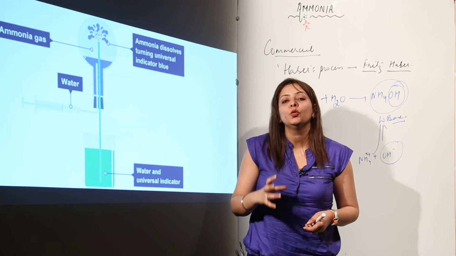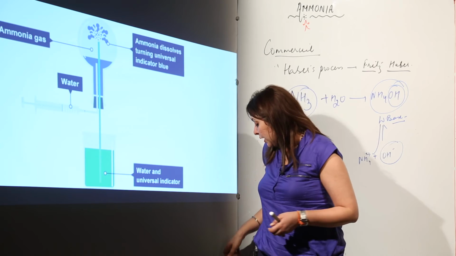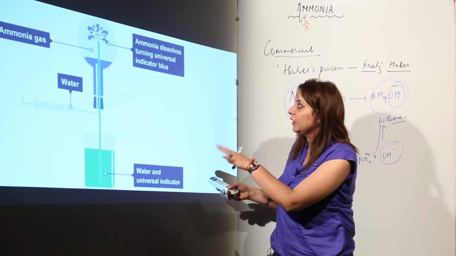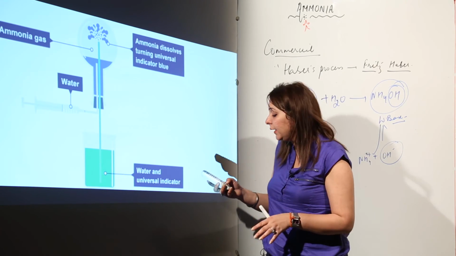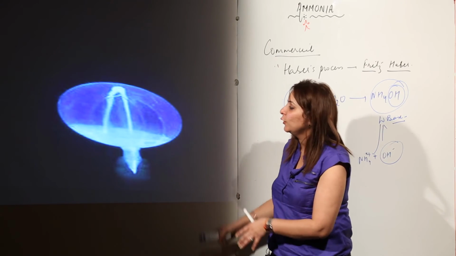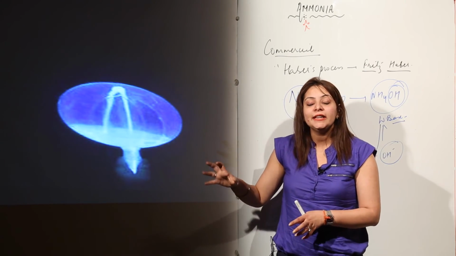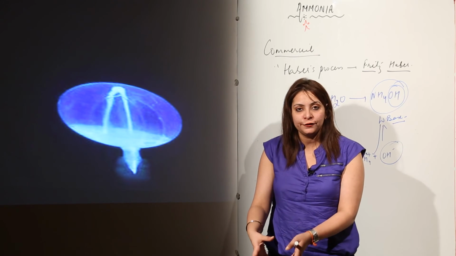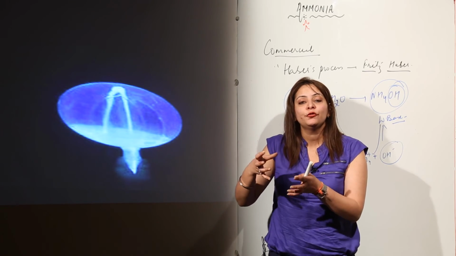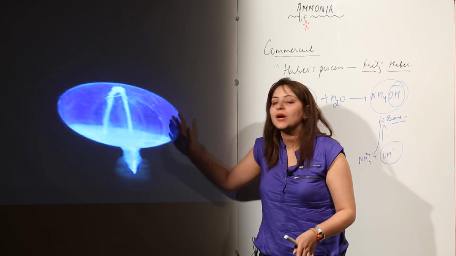That is why it converts the red litmus into blue. I will just show you this, as in these figures we are unable to see the proper coloring. The fountain is made when the red litmus solution is pulled from the beaker with great force, and it emerges to form a blue fountain.